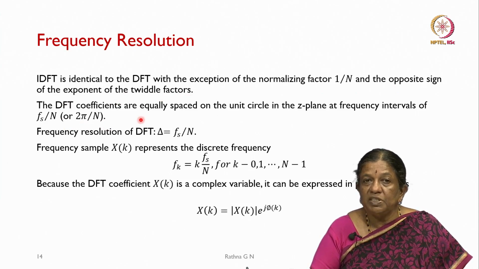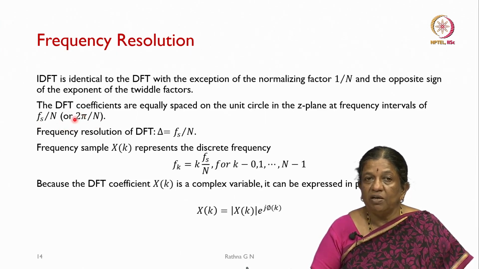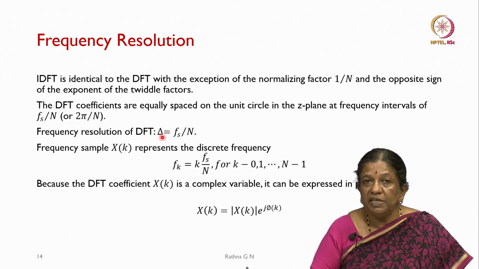So, the DFT coefficients are equally spaced on the unit circle, we saw that, usually we call it the Z plane, at frequency intervals of fs by n, or it can be 2 pi by n, because that is what we map in omega, that is in the frequency domain 0 to 2 pi, and here the sampling frequency is fs up to 2 pi. And we say that the frequency resolution of our DFT, delta, is nothing but fs by n.